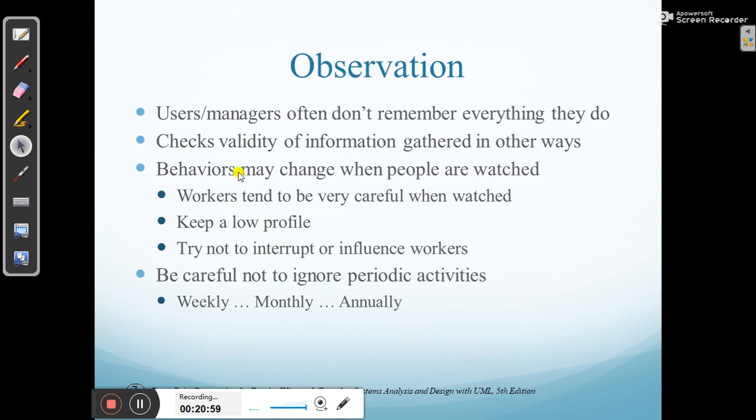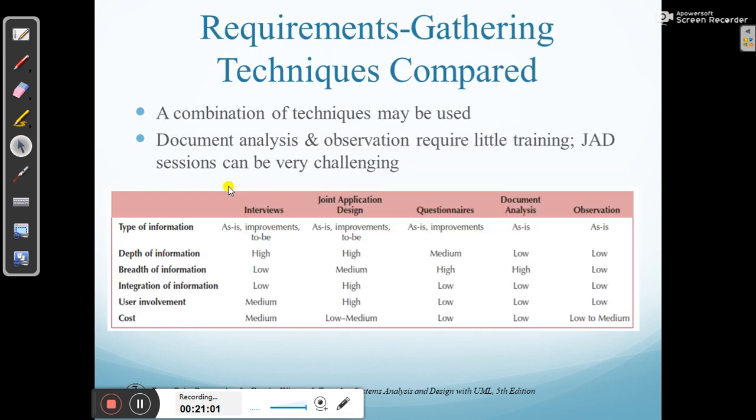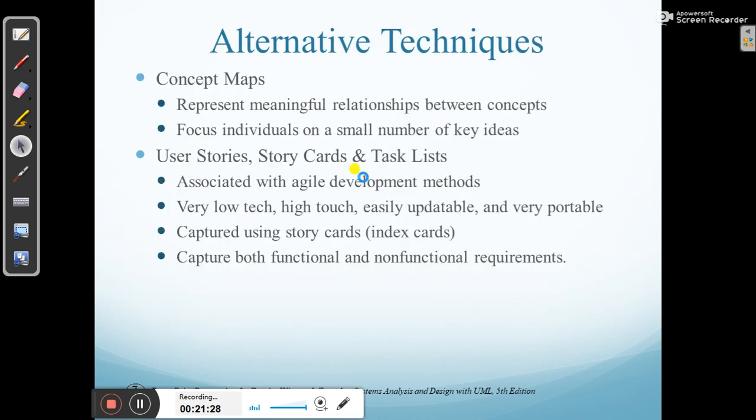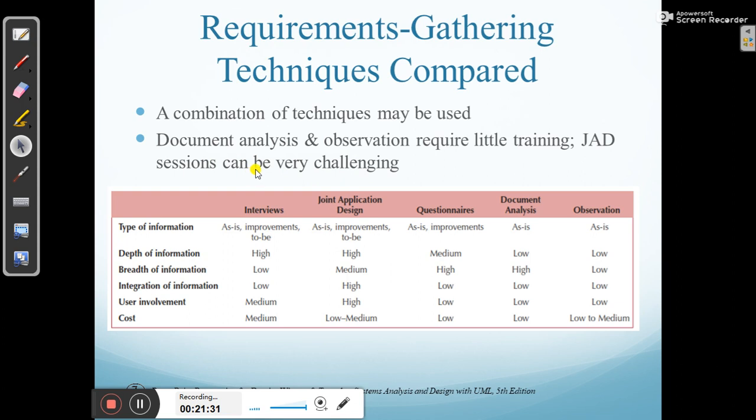You can go through observation also to find out the requirements, and you can combine a few or all of these techniques as a whole. Document analysis and observation require little training, whereas joint application development sessions can be carried out, but can be very challenging.